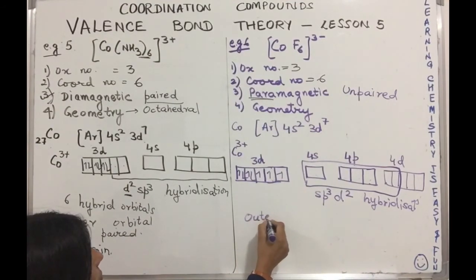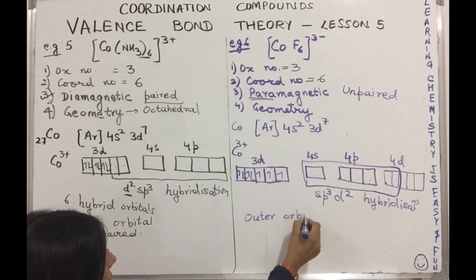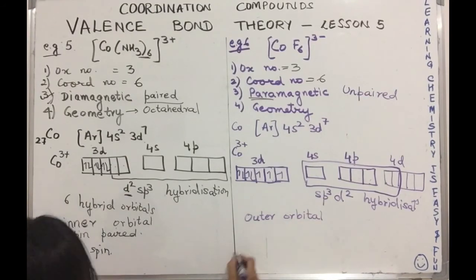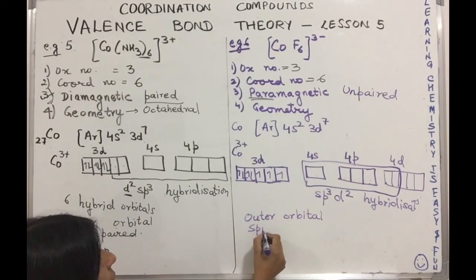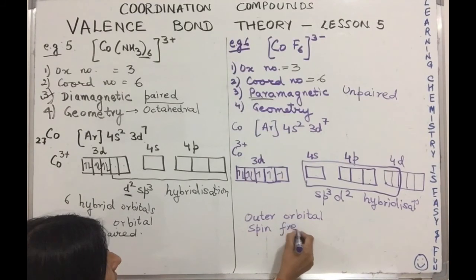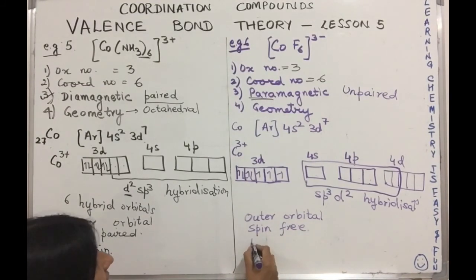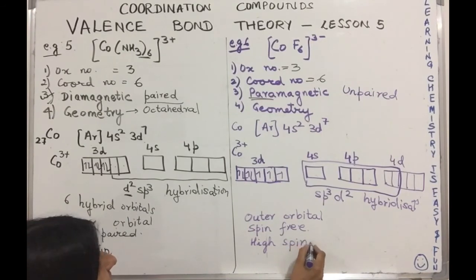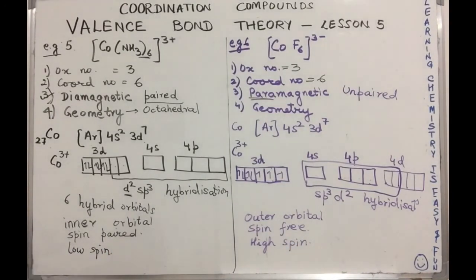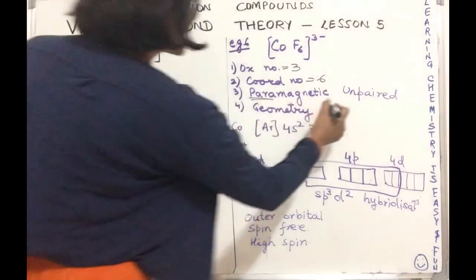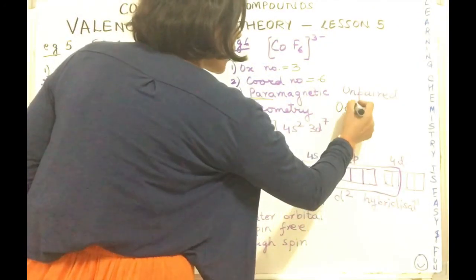It's an outer orbital complex, right? It's a spin-free complex. It's a high spin complex, right? And what will be the geometry of this complex? Very good. Again, octahedral.